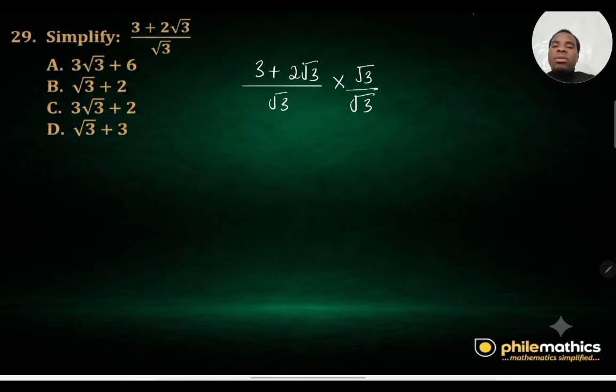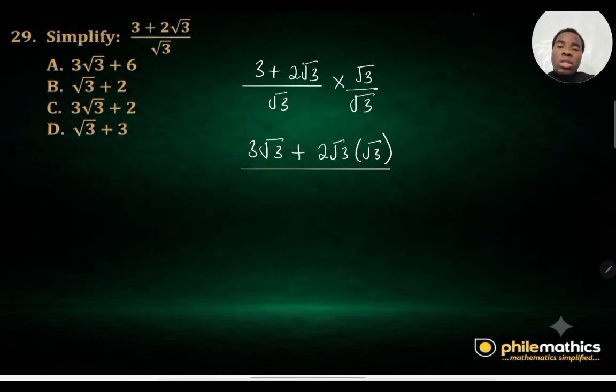If we multiply this, we'll have 3 times root 3, 3 root 3, plus 2 root 3 times root 3, over root 3 times root 3 is root 9, and root 9 is 3. The same thing we'll do here. 3 root 3 plus root 3 times root 3 is root 9, and root 9 is 3. 3 times 2 is 6 over 3.